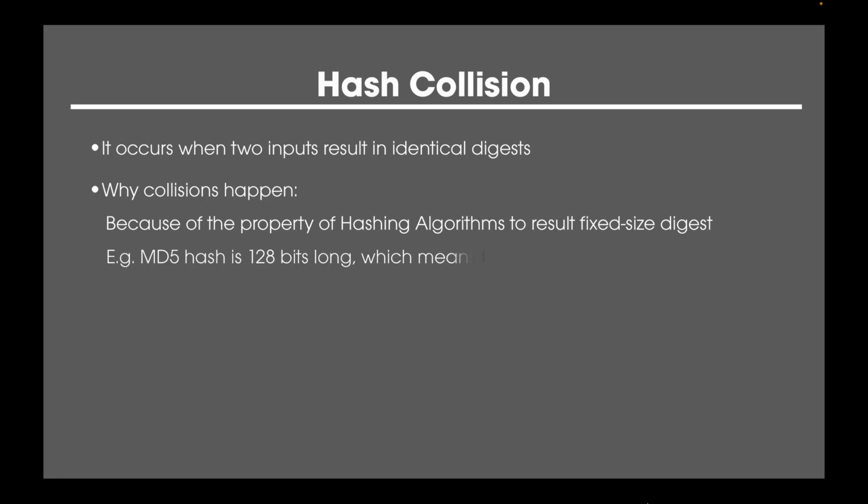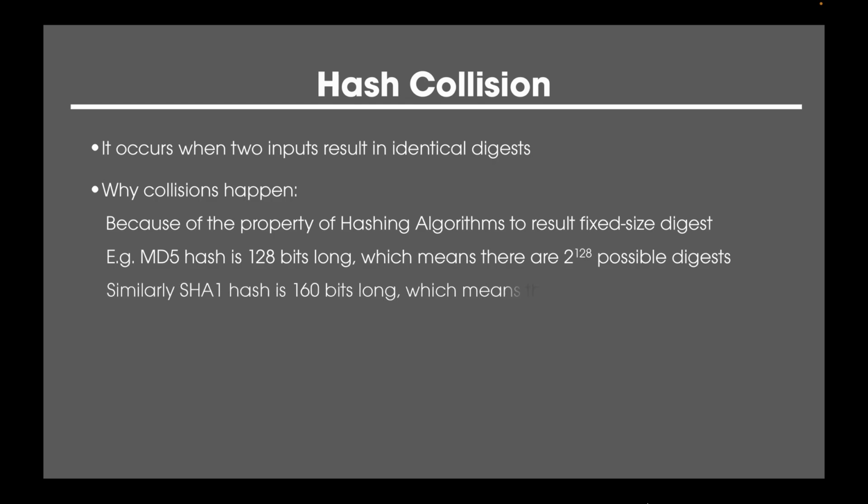For example, MD5 produces a 128-bit output, which means there are 2 raised to power 128 possible combinations. Once this limit is exceeded, collisions are guaranteed. SHA-1 hash produces a 160-bit output, offering 2 raised to power 160 combinations.